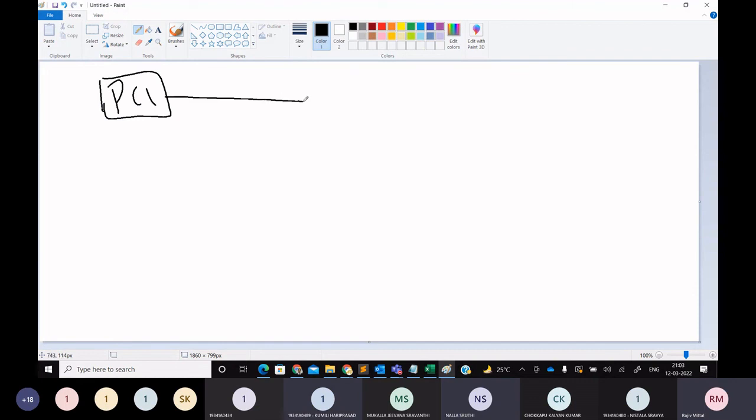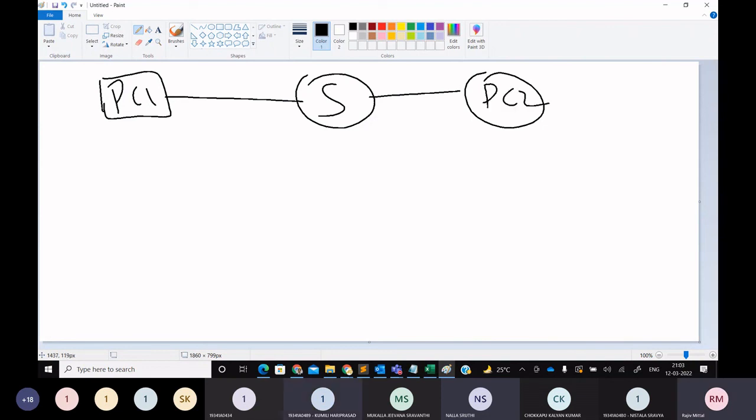Here PC1 is connected, but instead of a router, I am taking a switch, then PC2, and I have been given 192.168.0.0/24. Here is the subnet I have been given. So tell me what IP I should give here and here, the PC1 and PC2 IPs.